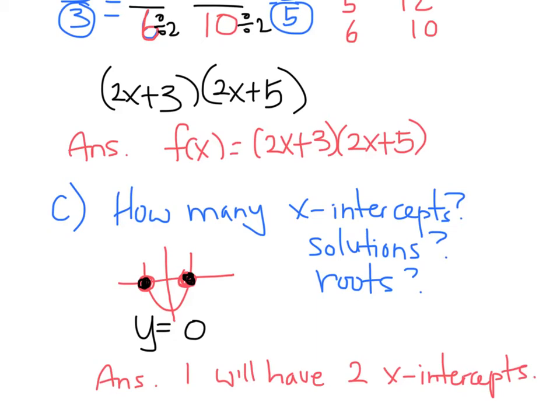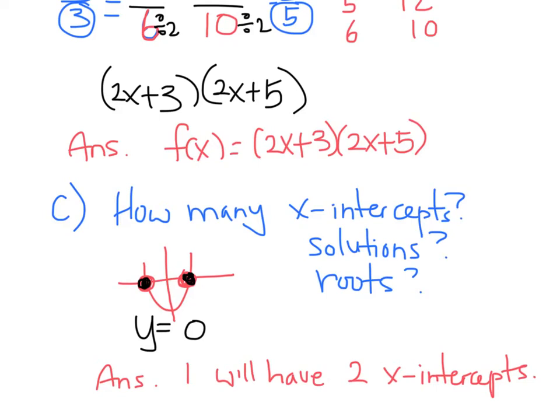How did you know that you have 2 x-intercepts? Because you looked at your factored form and you saw that there will be 2 values of x when y is equal to 0. That is why we need the factored form, because that shows you how many x-intercepts you can have.